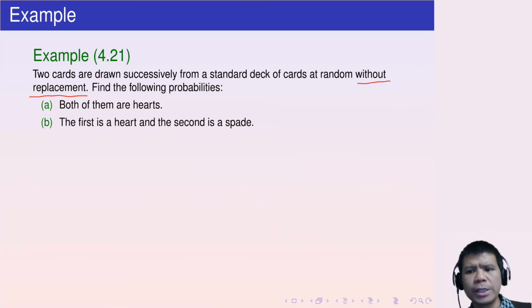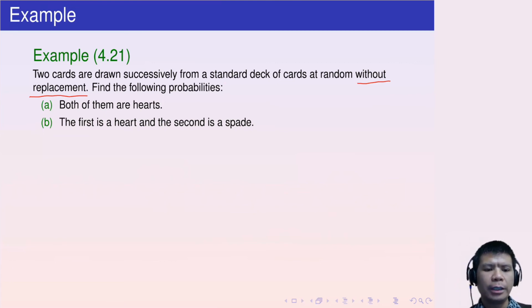That means without replacement. With replacement means you draw one and see the result, and you replace it, put it back, and then draw another one. Here we are talking about without replacement.